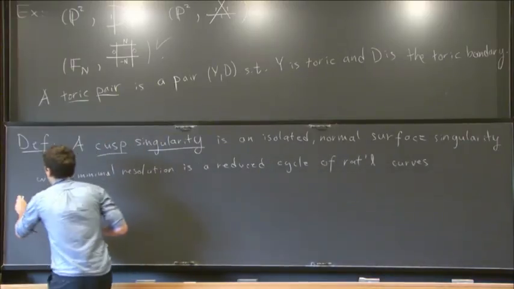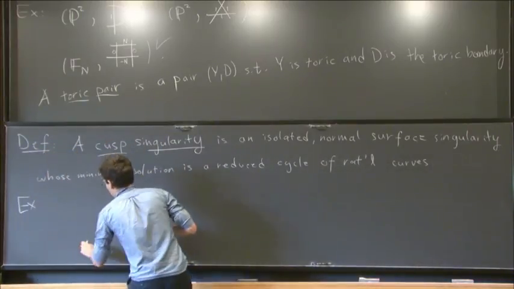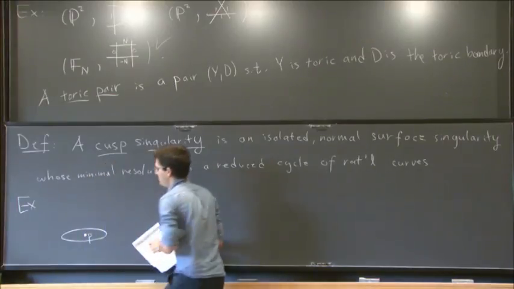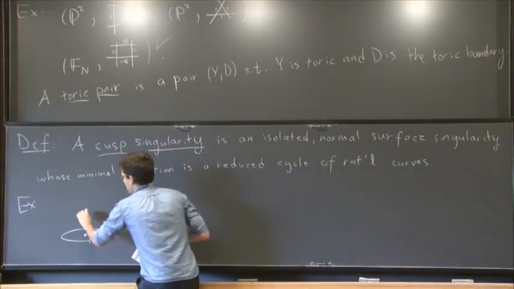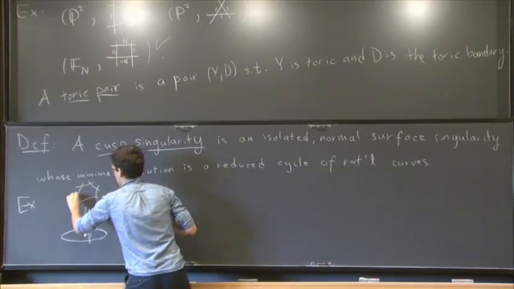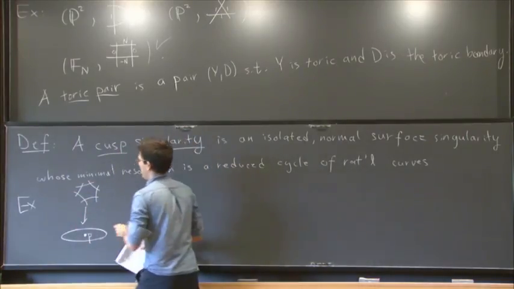So for example, I could have a cusp singularity P, and its minimal resolution is going to be something that looks like this.